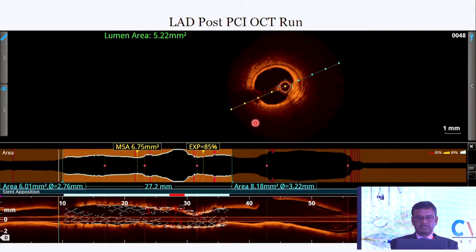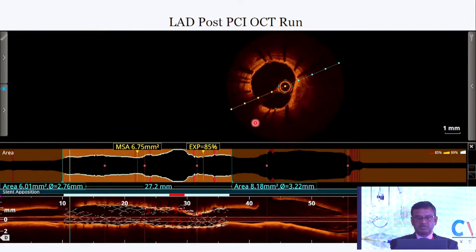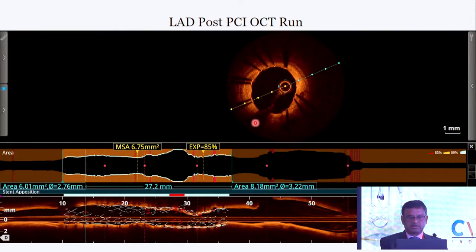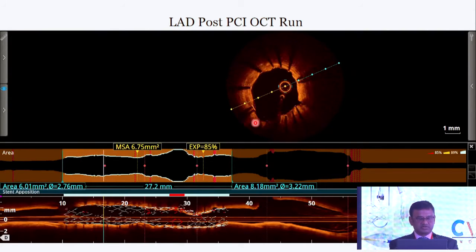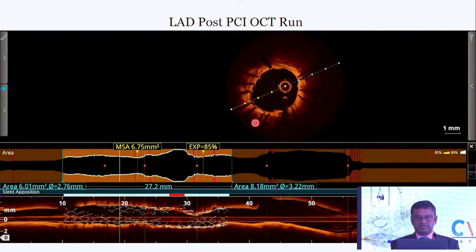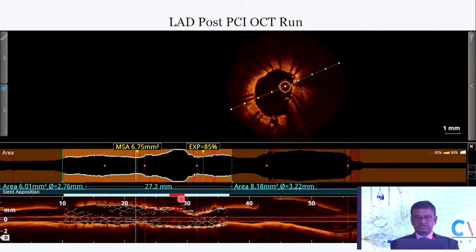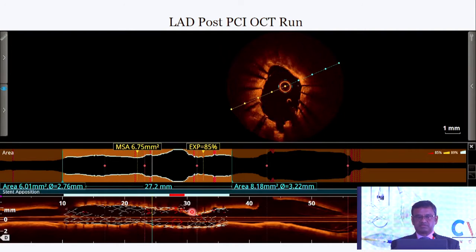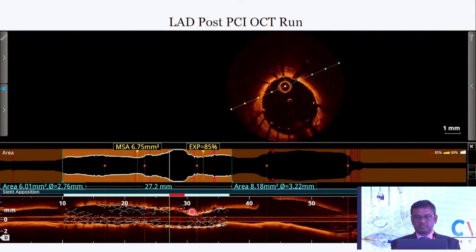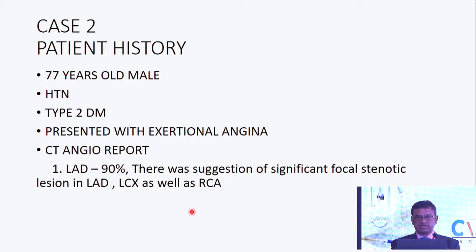After that we did the imaging again, and in the post imaging we saw there was no distal or proximal dissection, and the patient had a well expanded stent, MSA was good, and the apposition was great. Based on the imaging, we did the proximal post dilatation also with 4.5 millimeter to oppose the vessel at the ostial segment. So I think the imaging did help in a patient who already had one attempt with rota and then failed expansion in another center. They did not have access to IVL, and the patient came to us in the initial days of IVL.